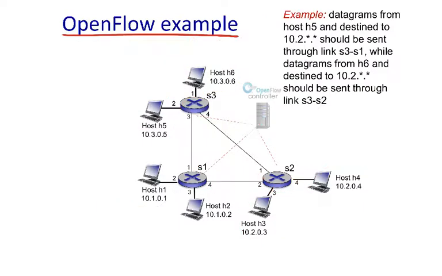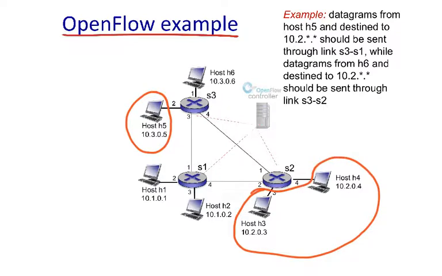Okay, so before finishing, I would like to ask you to do another exercise that will be corrected in the next class. The idea is that datagrams from host 5 destined to network 10.2.* should be sent through link S3 to S1, so this link.